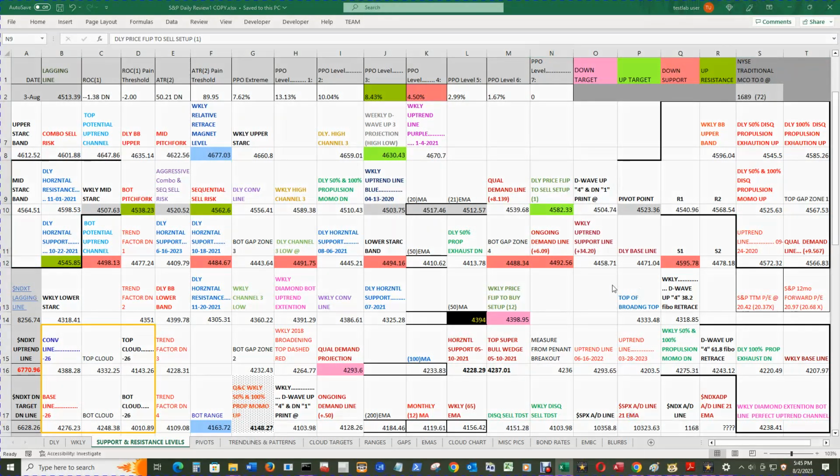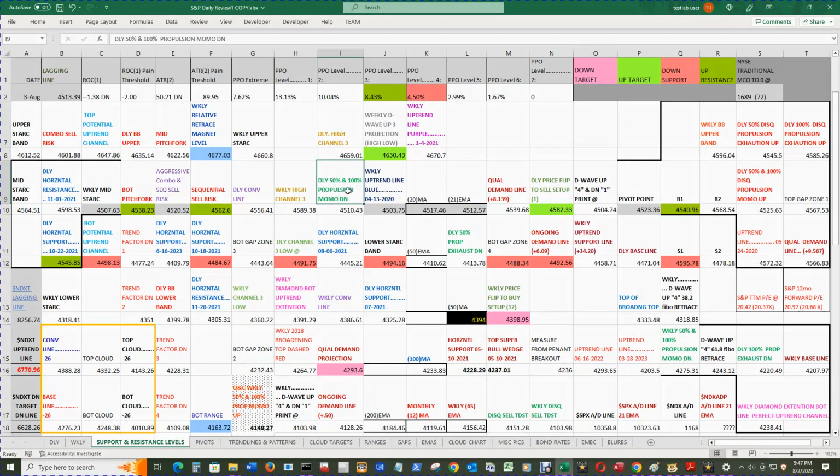And there was the price flip to the buy setup count 1. So the sell setup count 7 was lost, and that's quite painful. And I highlighted R1 as up resistance at 4540.96. And there was a tick lower than this daily 50% and 100% propulsion momentum down.